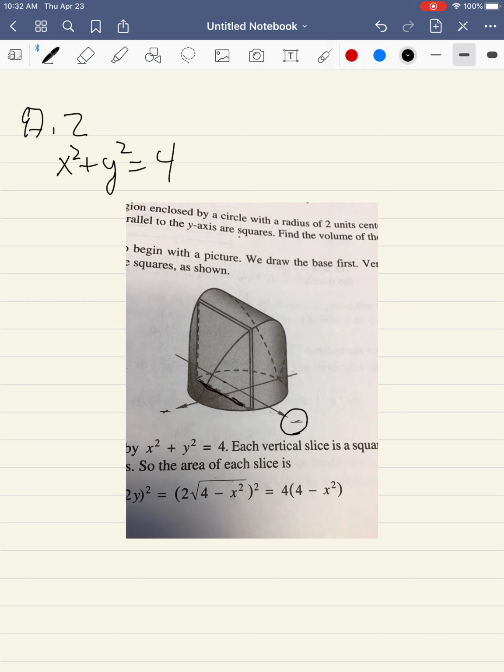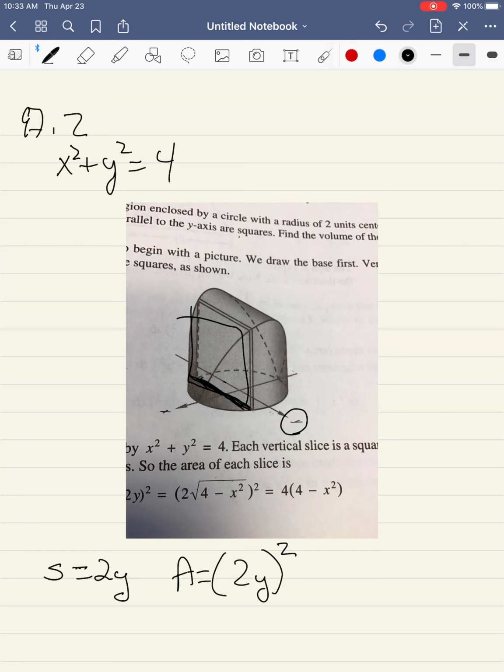So the length of one of these sides of this square, if this is y, this would also be y because it's a circle, remember? So the length of the side of the square would be 2y, right? So then the area of one of these squares would be the side squared. So that's the area of one of the squares.